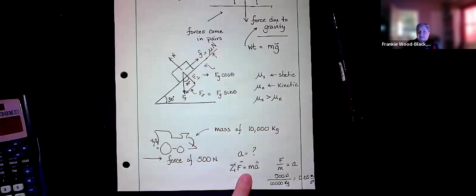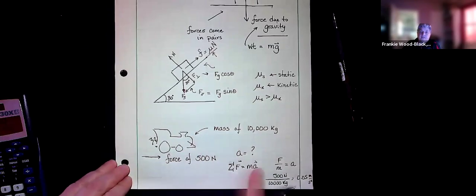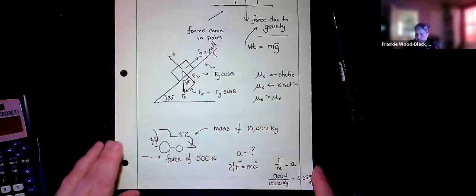So if you know your mass and you know your force, you can calculate the acceleration, and then you can even go back and utilize your kinematic equations. So that's one thing that we can play with.